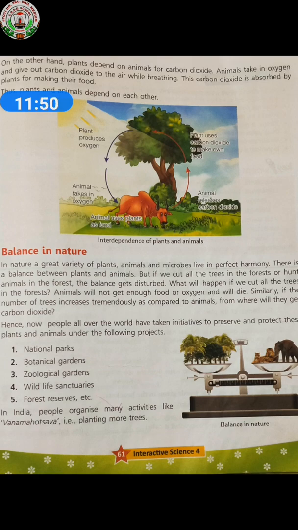First one is National Park, second is Botanical Garden, third Zoological Garden, fourth Wildlife Sanctuaries, and fifth is Forest Reserve, etc. In India, people organize many activities like Van Mahotsav. On that day, people plant more and more trees.